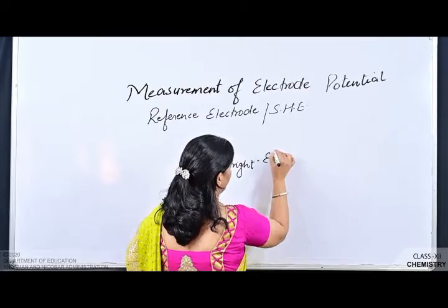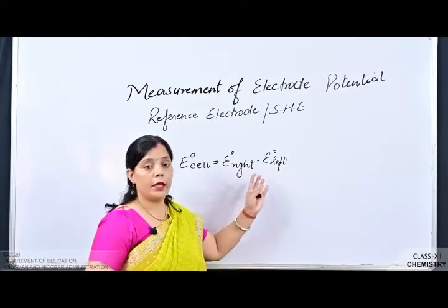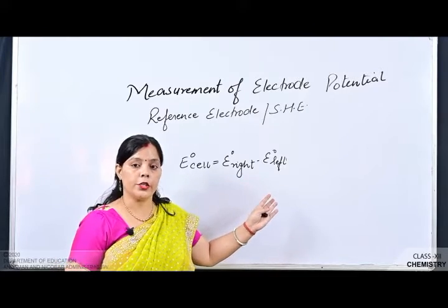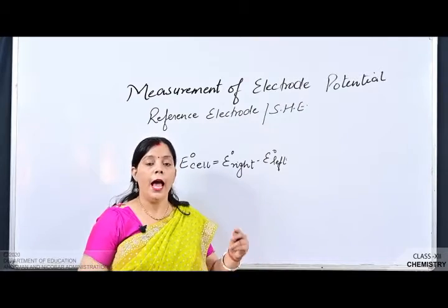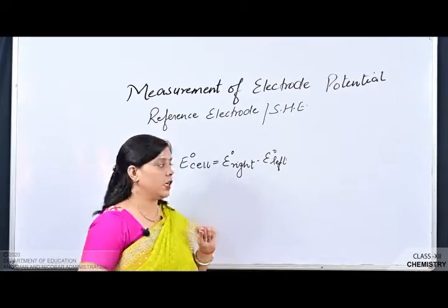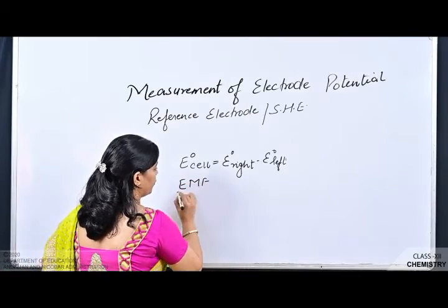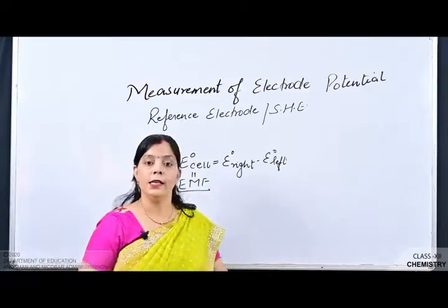When the cells are running in the standard condition, the potential difference gives us the EMF of the cell, that is the electromotive force, which is also represented as the cell voltage, E cell.